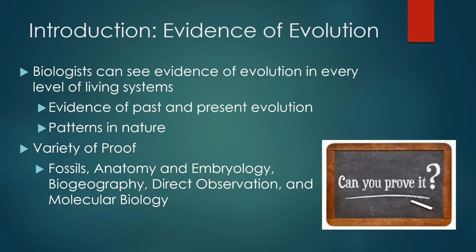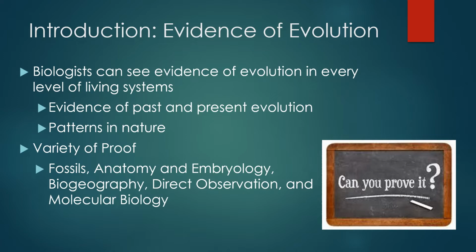So first, just to get started, we need to remember that we've just finished our unit on evolution and its mechanisms. As a reminder, biologists can see evidence of evolution in every level of living systems. There is evidence of both past and present evolution, and the way that's seen is through identifying and describing patterns in nature.